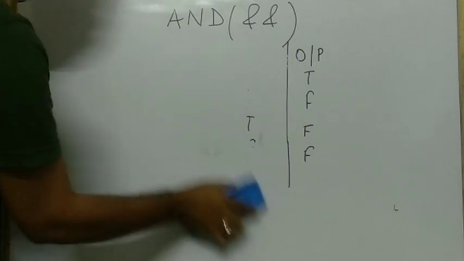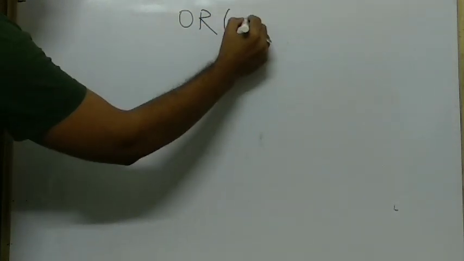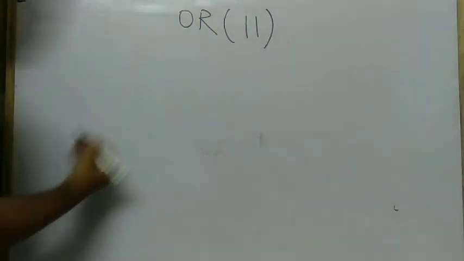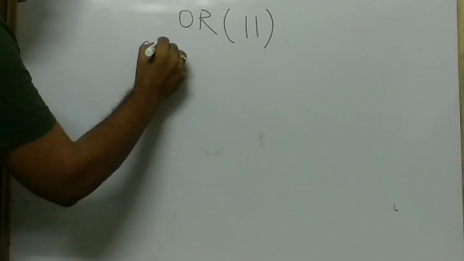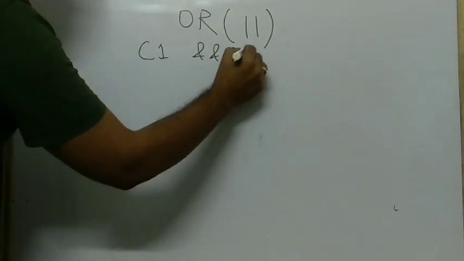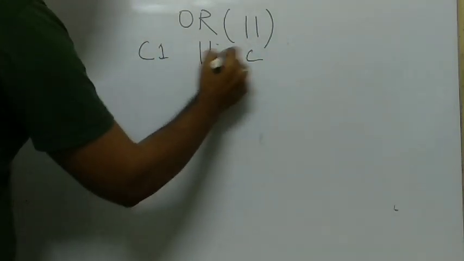The next one is the OR operator. The symbol of the OR operator is the pipe. It also takes two values, and if either of the values is true, then the output will be true. Again, take the example of condition 1 and condition 2.